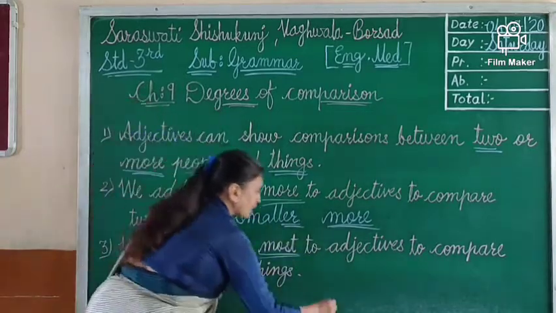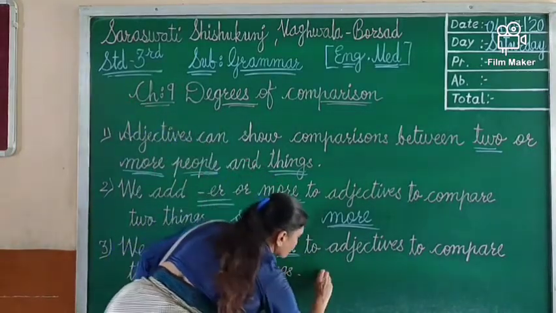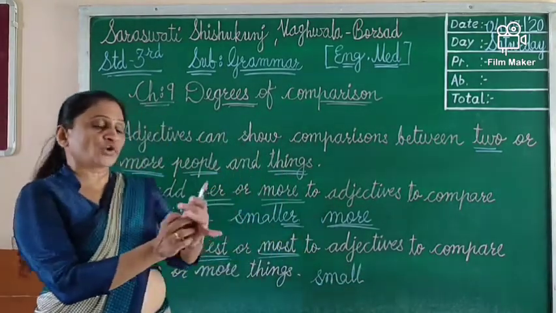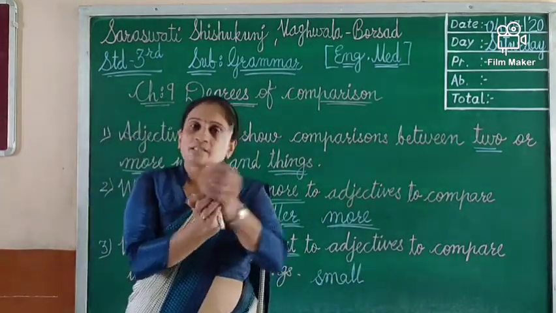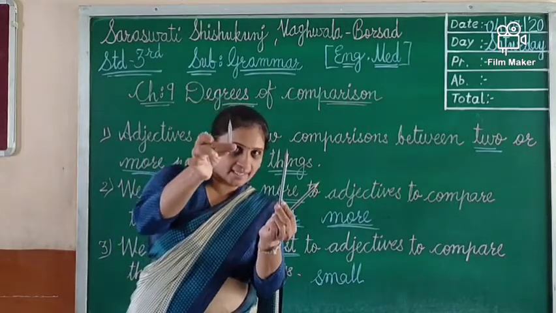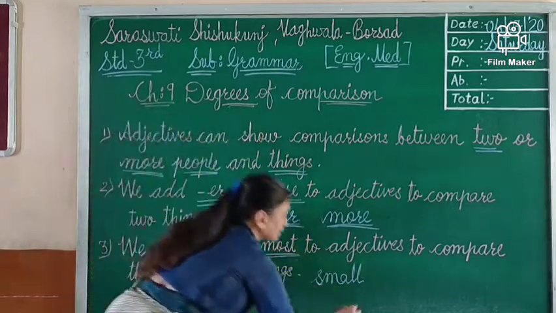For example, I am writing here small. If we want to show three things together, small, smaller and smallest, so what do I have to add here?